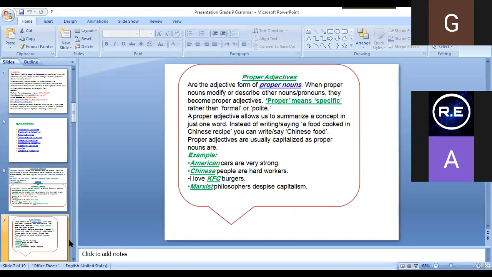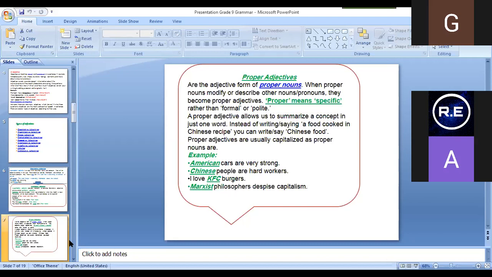Now, moving on to proper adjectives. If you remember the word proper, we used it before where? Yes, so that way it's a proper noun. So I have a proper noun and I have proper adjectives.